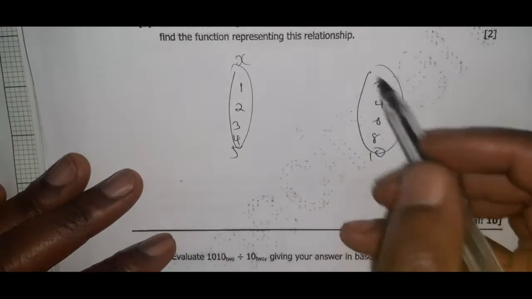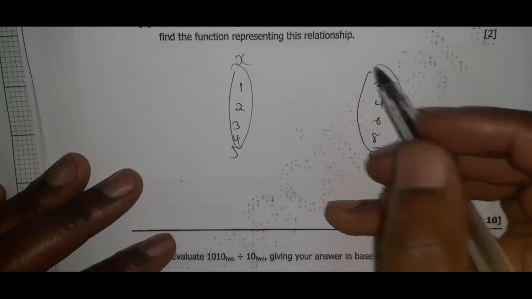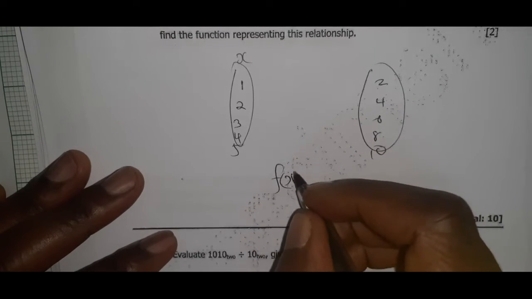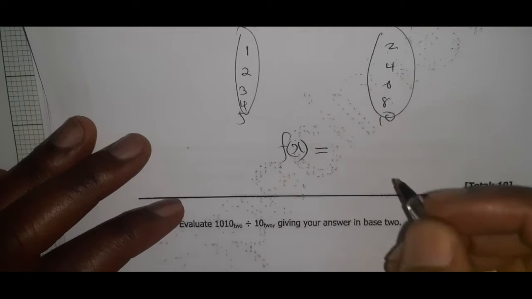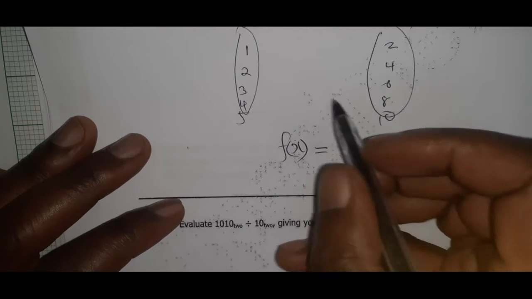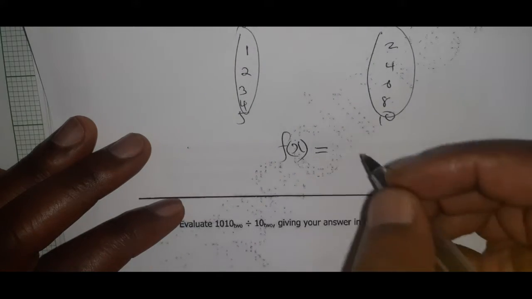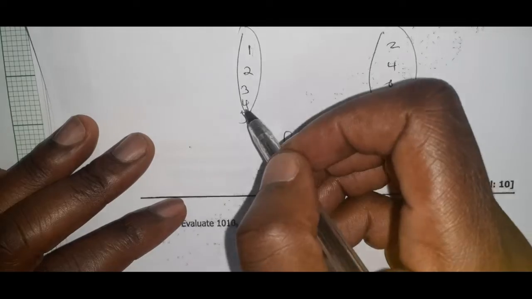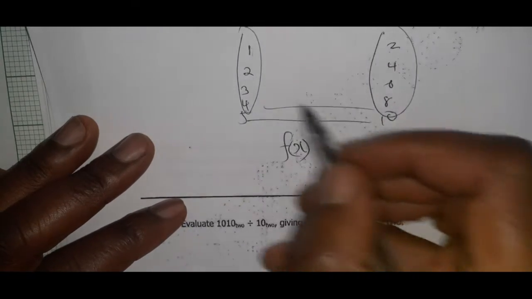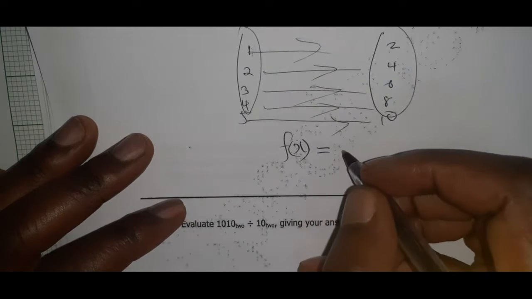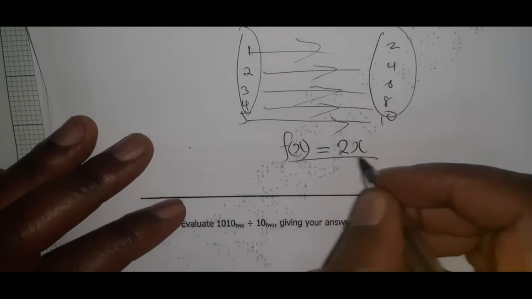So the function here is x multiplied by 2, because when we multiply each one of these by 2, we get the other side here. Okay, that's what is happening, isn't it? So the function is 2 multiplied by x.